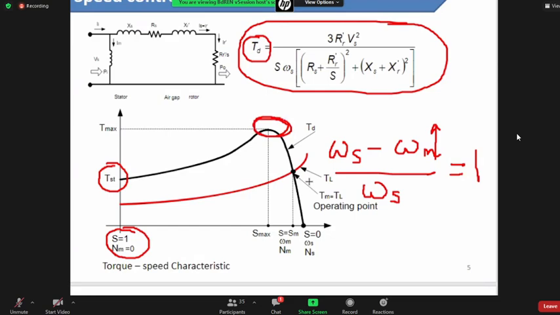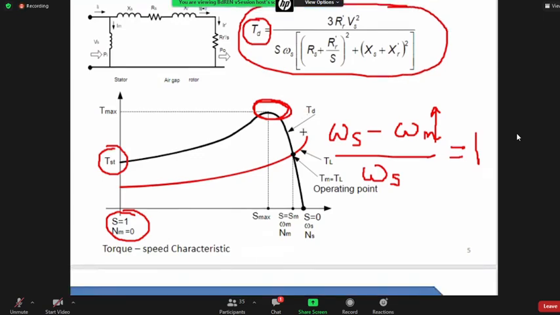So how do we get the value of maximum torque from this plot? On the x-axis you have slip, on the y-axis you have torque. At this point, the slope of torque with respect to slip is 0. So for the maximum torque, we put dTd with respect to ds equal to 0.